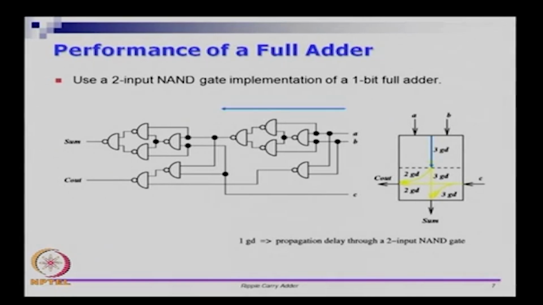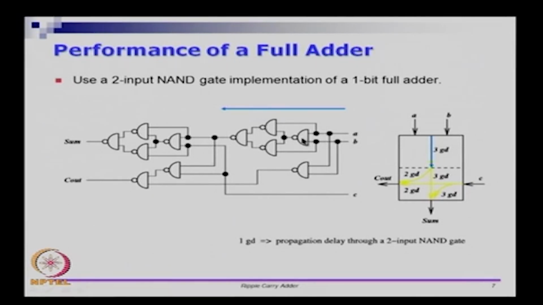Let us say in one step I am changing A, B and C at time t equal to 0. The changes in A and B will have to go through at least 3 NAND gate delays for this wire to change, right. You already know how to analyze delays, right.